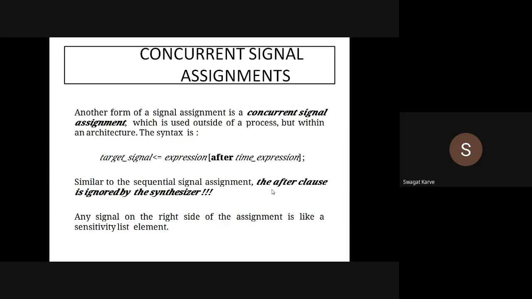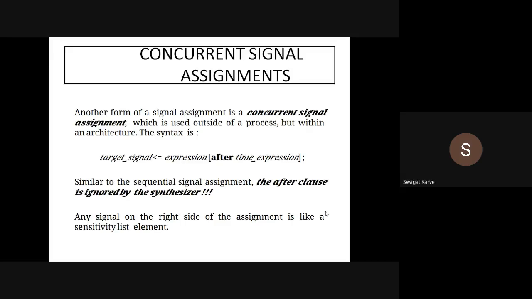Now, next type of concurrent statement, that is concurrent signal assignment. Concurrent signal assignment statement. Now, what it means? Another form of signal assignment statement is a concurrent signal assignment, which is used outside of process but within an architecture. Means this signal assignment statement you can use outside the process but within the architecture.